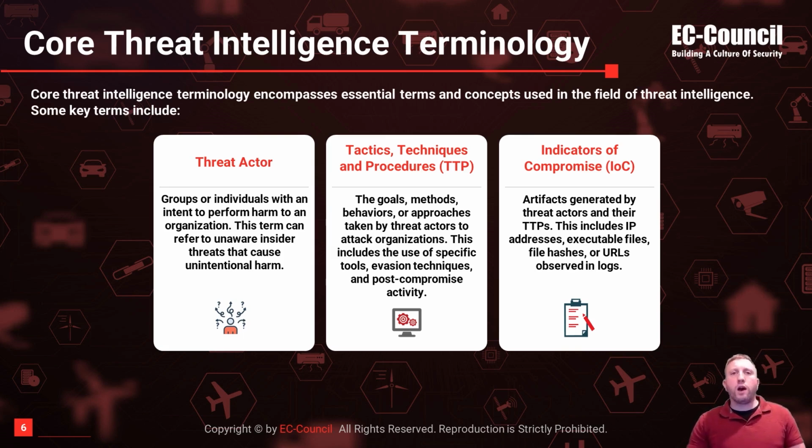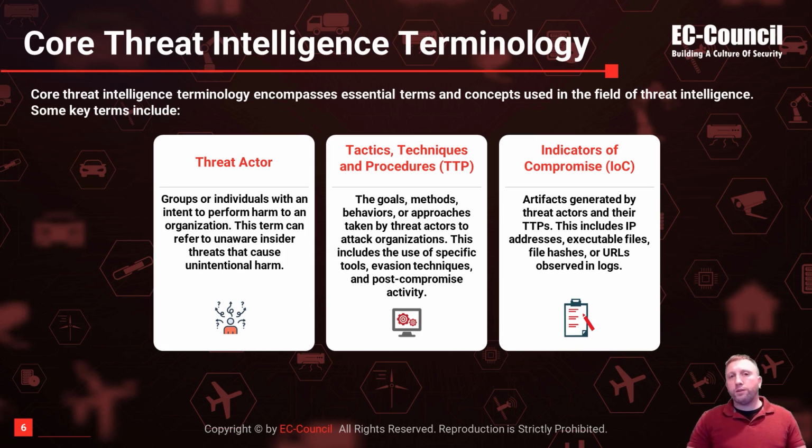So when we talk about threat actors, what we're really talking about is typically less sophisticated individuals. It could be one person, it could be a group of people. They may be in the same region or geographically dispersed. But a cyber threat actor is someone who has some intent, or in the case of a negligent insider, someone who is trying to or may do harm to us or our organization.